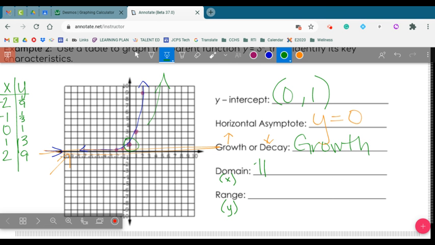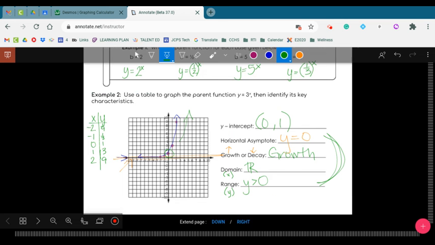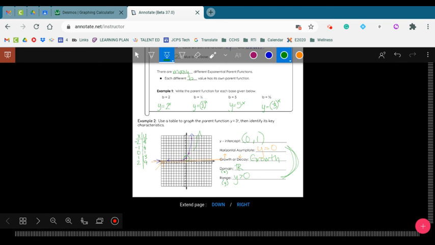So it's going to be all real numbers. And then our range, it never hits 0, but it keeps going up on the y-axis. So it's going to be y is greater than 0. So your horizontal asymptote and your range, those numbers should match. Now, whether you have a greater than or less than sign on your range will depend on which way this function's going. Okay, let me know if you guys have any questions on that. We're going to go to the next page.